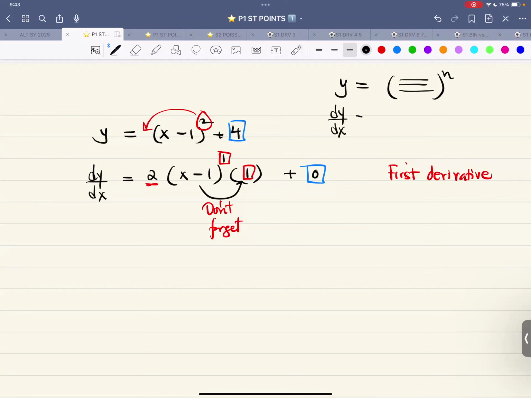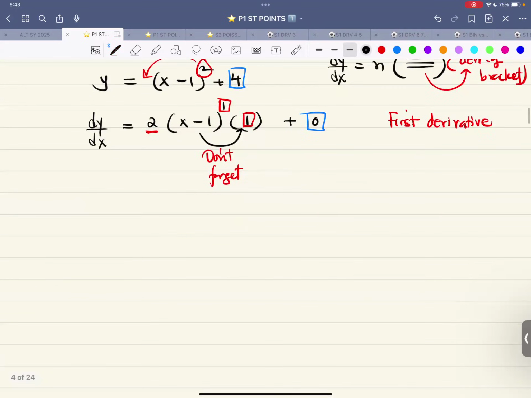Therefore, dy by dx: n comes down, bracket remains as it is, power reduces by 1, and don't forget to multiply by the derivative of the bracket. And we know that the derivative of a constant is 0. So now this is the first derivative. I can even write this as 2x minus 2.